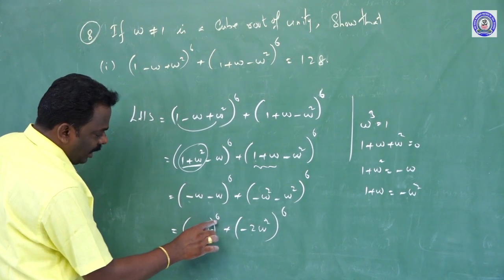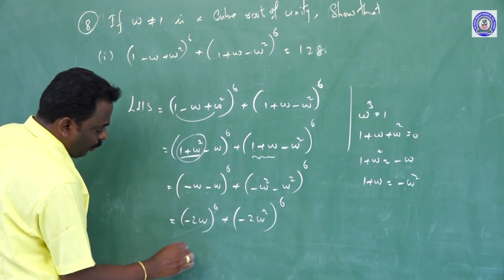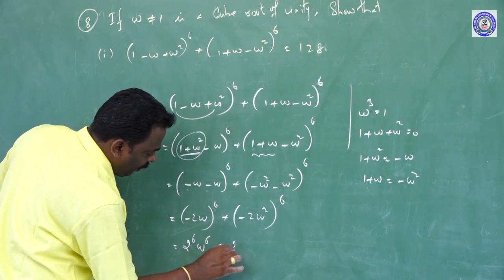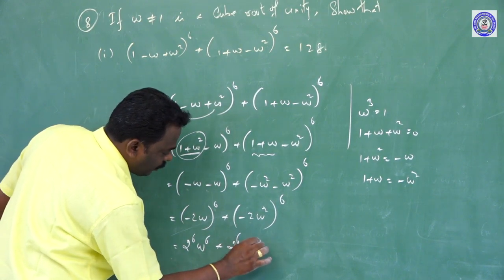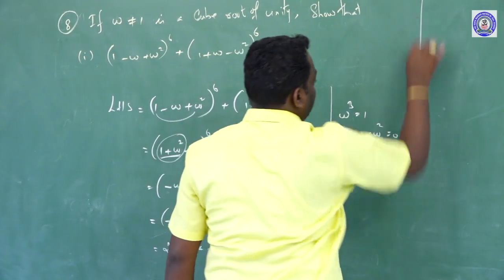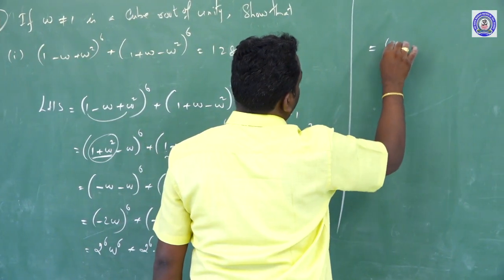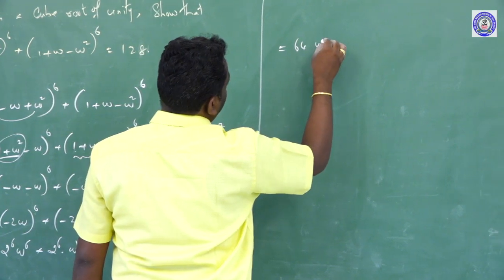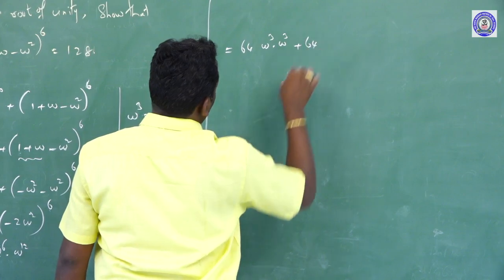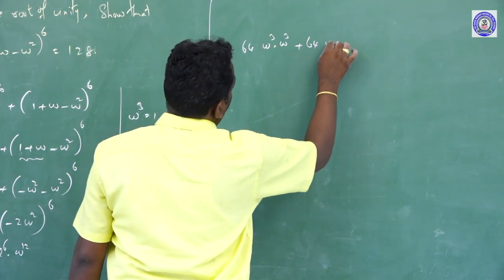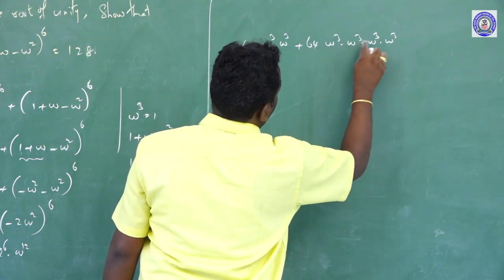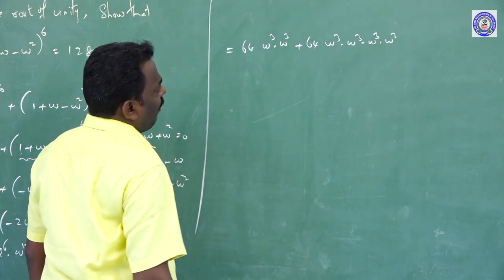Inside the bracket, this even power makes minus become plus, so 2 power 6 into omega power 6 plus 2 power 6 into omega power 12. Now simplify: 2 power 6 is 64 into omega power 6, write as omega power 3 into omega power 3, plus 64 into omega power 12, we can write omega power 3 four times, 3 plus 3 plus 3 plus 3 equals 12.